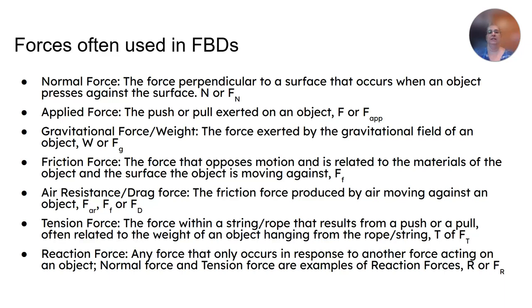And remember, friction is the force that opposes motion, and the strength of that friction is going to be related to the materials that the object and the surface the object is moving against is made out of, because ice sliding against ice is different.